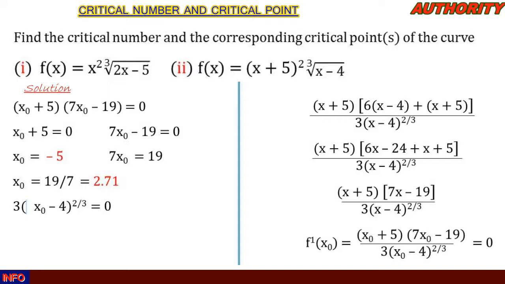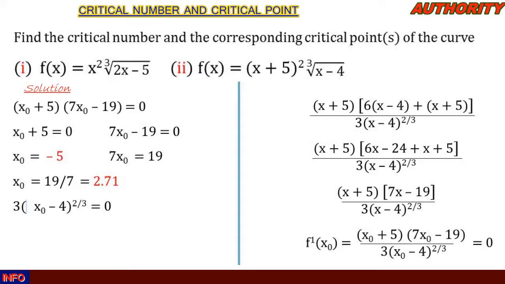So the term in the bracket, x naught minus 4, is equal to 0. Here we have 2 over 3 as the power, and since the right hand side is equal to 0, whatever the power is, it will give us 0. So we don't mind whatever the power is.